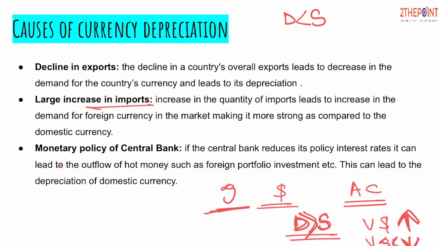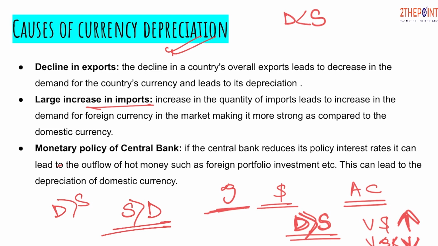They get it converted to American dollars, which means demand is more for the American dollar and supply is less, so the value of the dollar increases, which indirectly leads to depreciation in the value of Indian currency. Or, when they are selling Indian rupees in the Indian market to get dollars, the supply of Indian rupees increases. So supply is more and demand is less, which leads to depreciation.